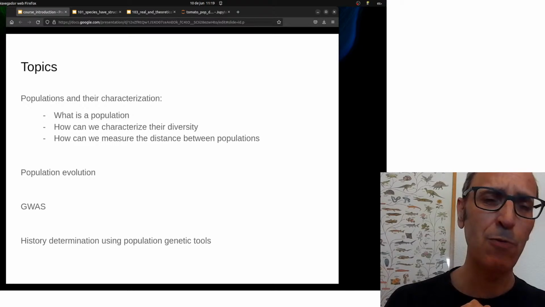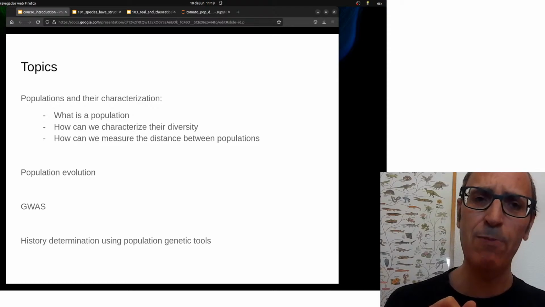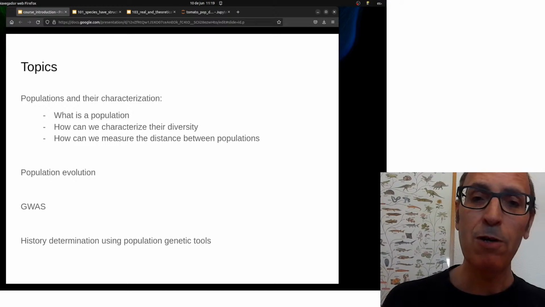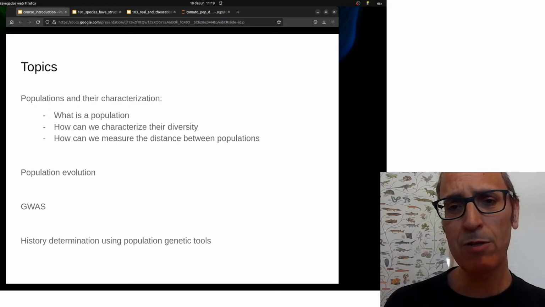First, we will talk about what is a population, that is right now, after this presentation. And we will think a lot about how we define populations. Also, we will talk about how we can characterize the diversity in populations and how we can measure the distances between populations.